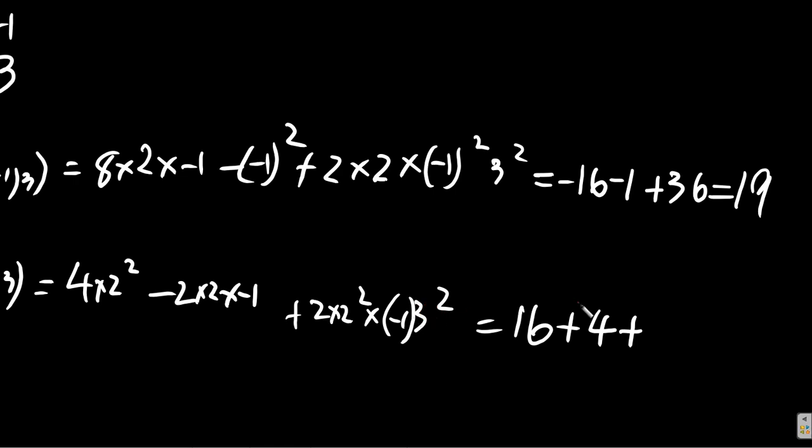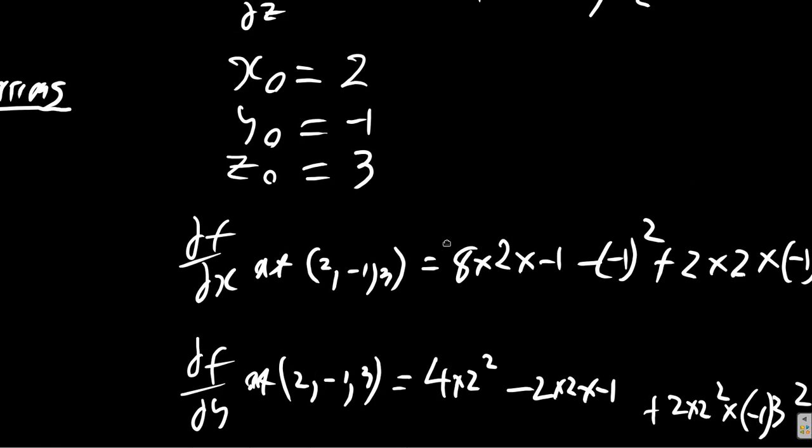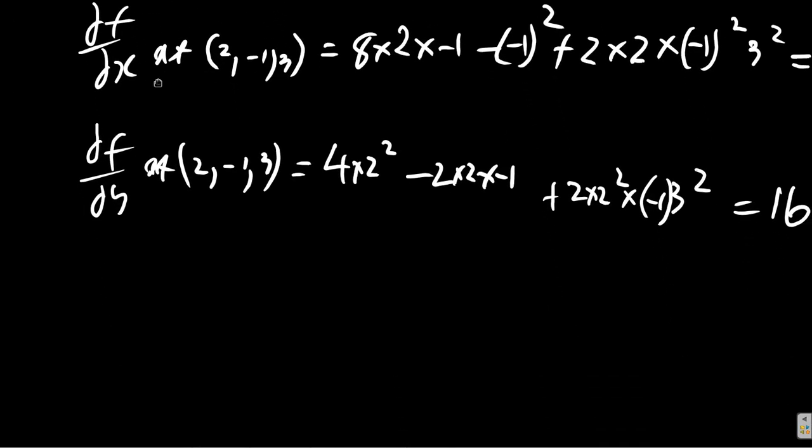So we have 72, but this will be a minus. So it's plus negative 72. So we have 16 plus 4 minus 72. That gives us what? Negative 52. Alright, negative 52. And then after that, we have our delta f by delta z.